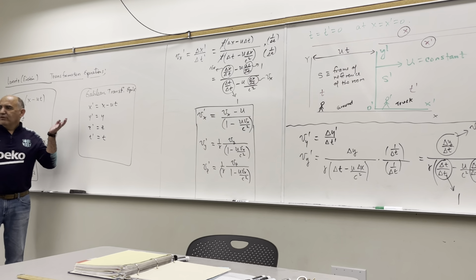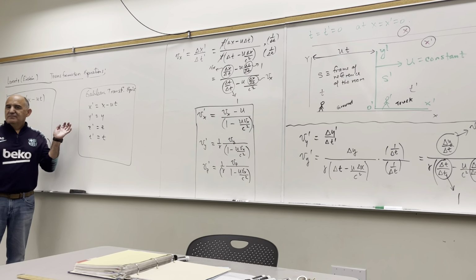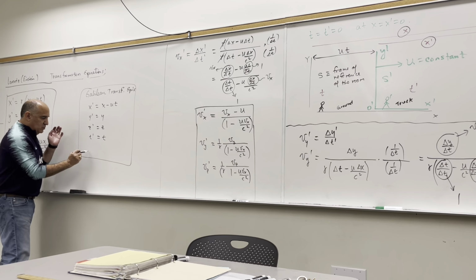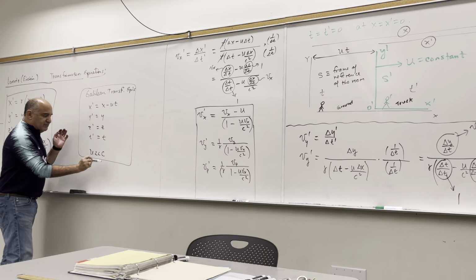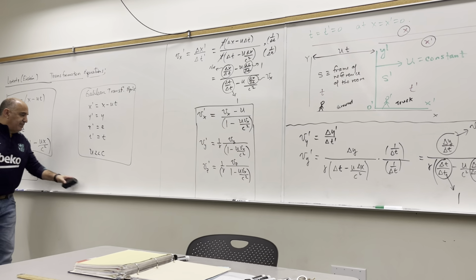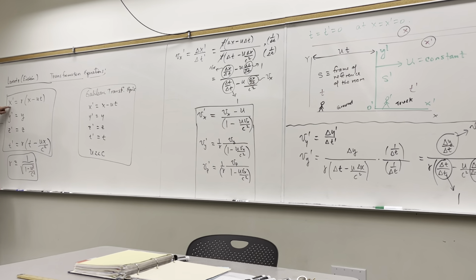Now, when were these good? When u is much less than the speed of light. So what would happen if I considered the Einstein-Lorentz transformation equations, and I made u very small compared to the speed of light?